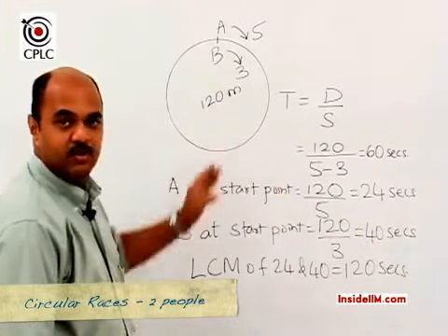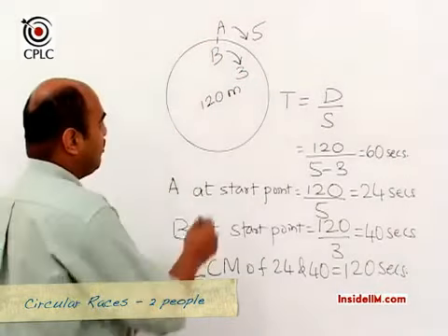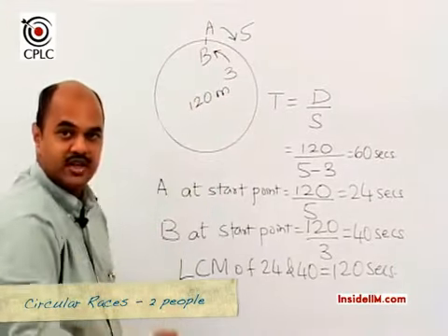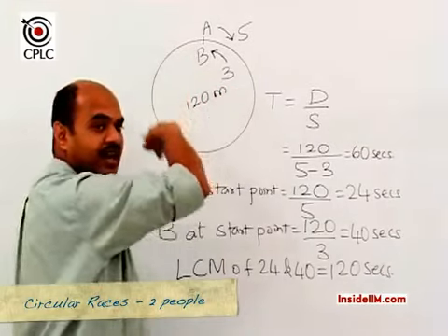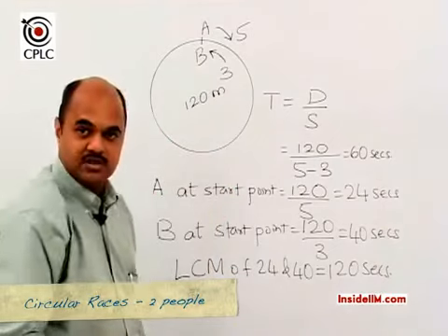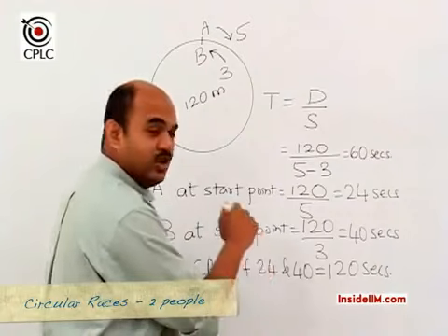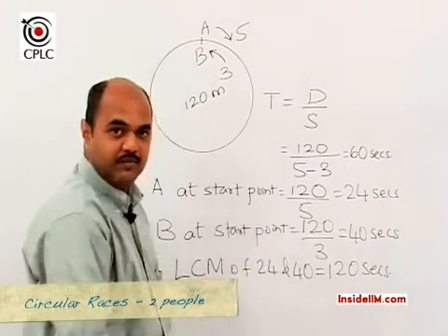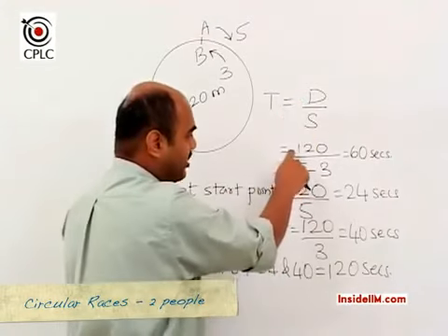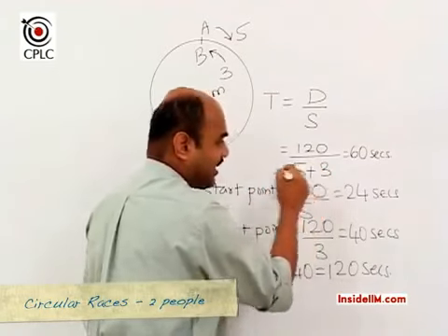Now this was an example where we had the two people moving in the same direction. However, if we make a minor change and say that A is moving in the clockwise direction and B is moving in the anti-clockwise direction, which means that they are moving in opposite directions, and we have to answer the same question, in how much time will they meet for the first time, the answer would now be distance upon speed, which is 120, the length of the track, divided by the relative speed.